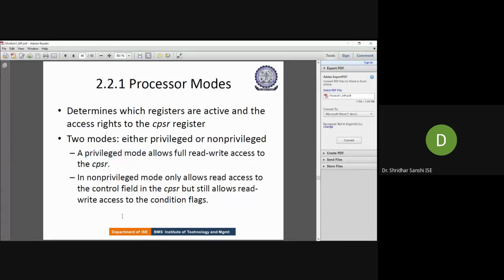And there is a non-privileged mode. What is the non-privileged mode? We don't have write access to the control field. These 8 bits we cannot modify. What are the 8 bits?